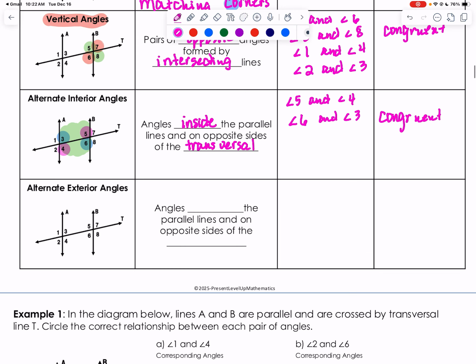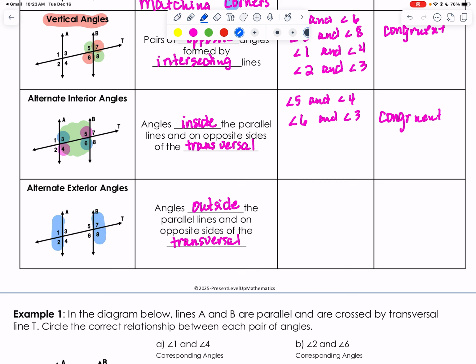All right. Now, alternate exterior angles: angles that are outside the parallel lines and on opposite sides of the transversal. So to be an alternate exterior angle, you must fall outside the parallel lines.